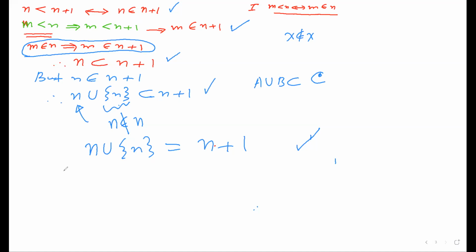Well, we start with the empty set. That is our 0. And you can then take that empty set, union with the set of the empty set, and that is what you call 0 plus 1.